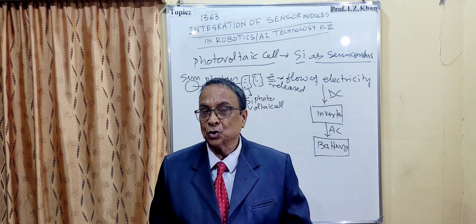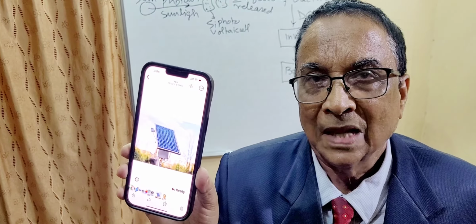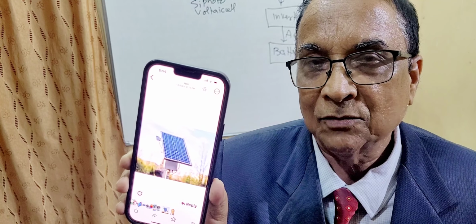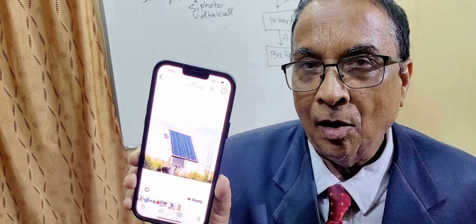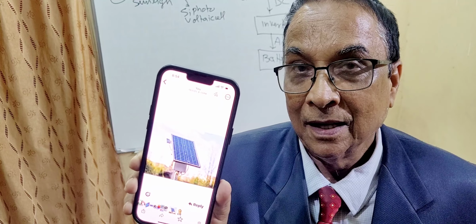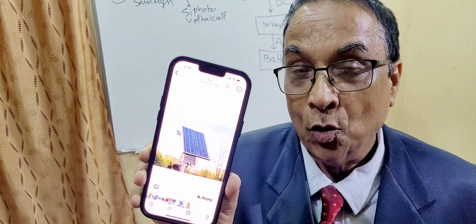Now I am going to show you some of the sensor images. This is a solar sensor combined with an artificial intelligence monitoring system. It will monitor the intensity of radiation and sunshine, and all the data will be collected, so that we will know what potential of solar photons we are going to receive at our solar panel.